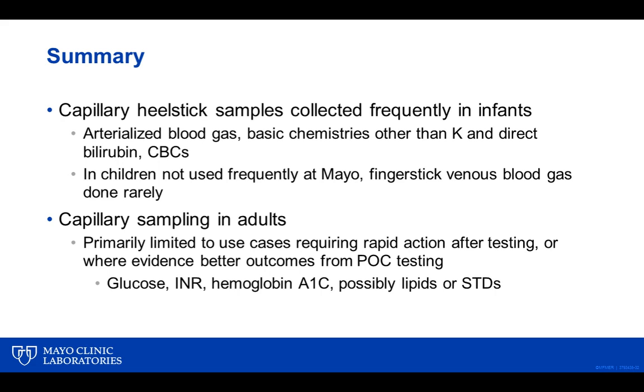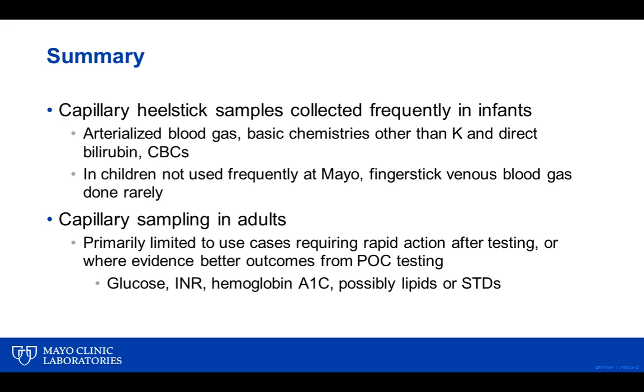Most things. Potassium is problematic. We talked about direct hemoglobin. We do collect a lot of heel stick samples for total and direct bilirubin, but we do have to reject 30 to 40% of the direct bilirubin measurements because there's too much free hemoglobin. CBCs are also commonly done in our practice on children from capillary samples.